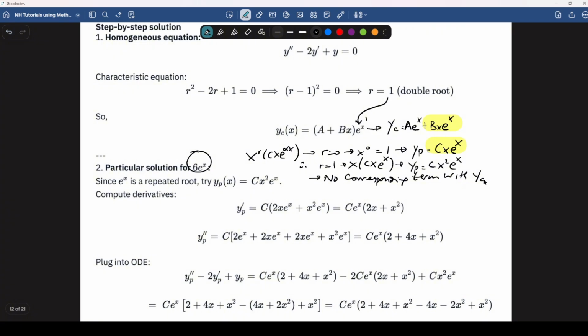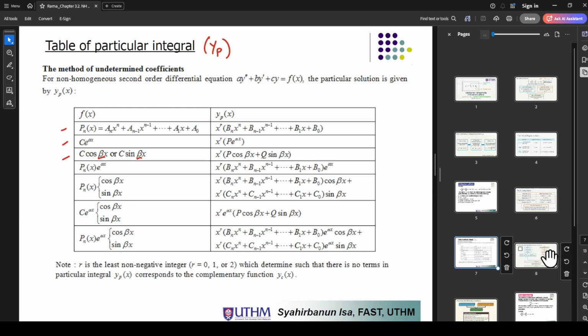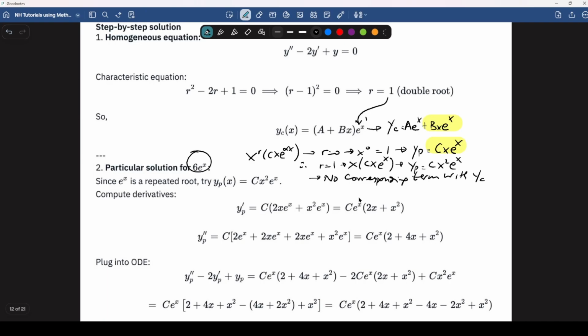The whole thing here is actually already given in this flowchart: check for any corresponding terms in yc. If there is no corresponding term, it's fine, we can use this yp value, which is c x squared e to the power of x. We can just highlight it first. So the yp to be used is this one.